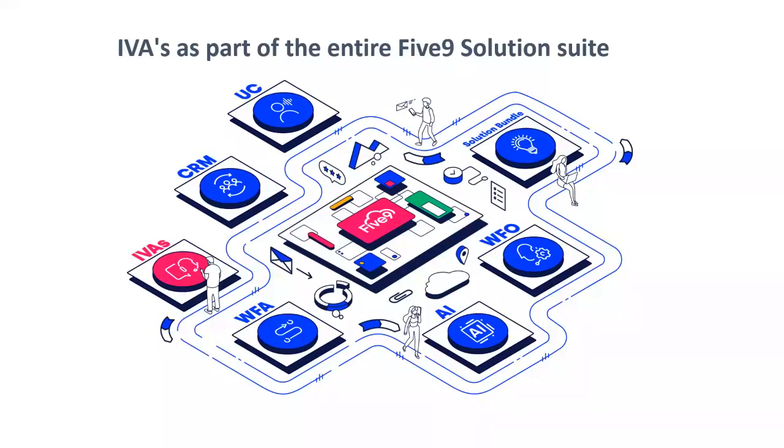It has workflow automation, workflow optimization, and artificial intelligence all integrated tightly into this enhanced suite of products. And then the logical extension of that is the IVA application, which is added on as yet another deliverable around the integrated suite of applications. So this can all be delivered from a Five9 solution.